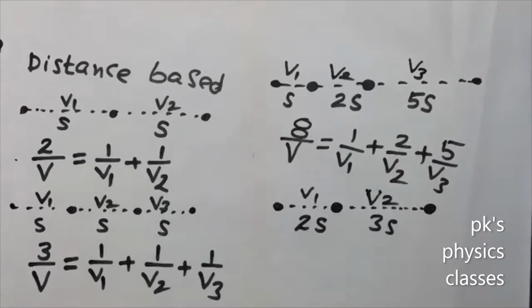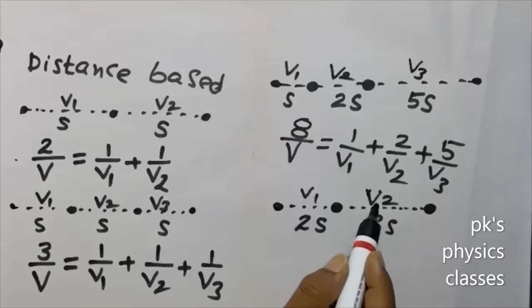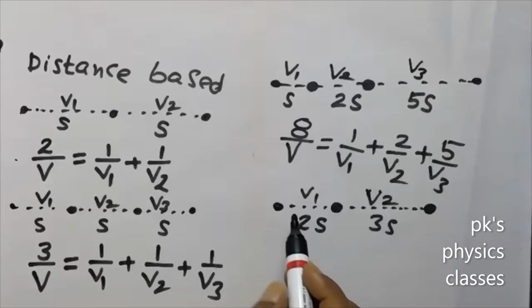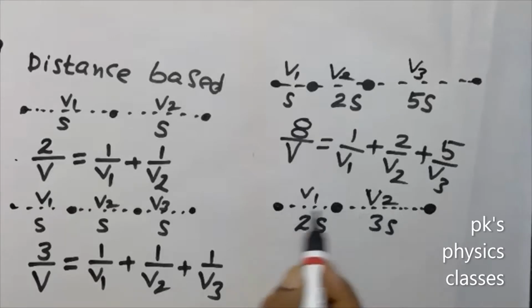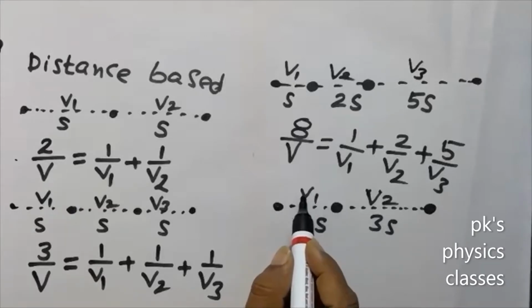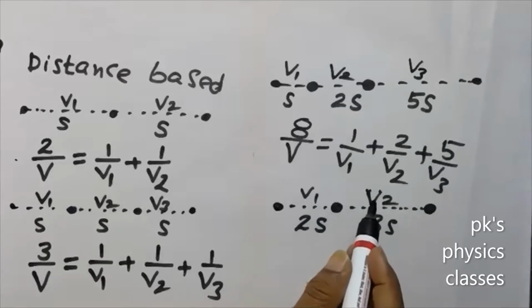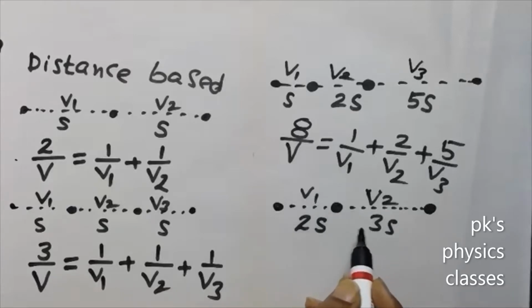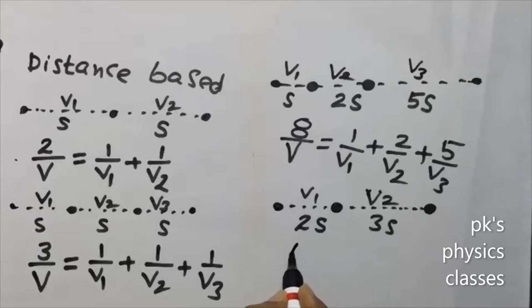The situation is given like this. In the total journey from here to here, 2/5 of the journey is covered with V1. 3/5 of the journey is covered with V2. What I am saying here, out of 5 parts, 2 parts are covered with V1, 3 parts are covered with V2. How many total parts? 5. So if you want to find average speed, 5 divided by average speed is equal to, how many S are there? 2 parts.